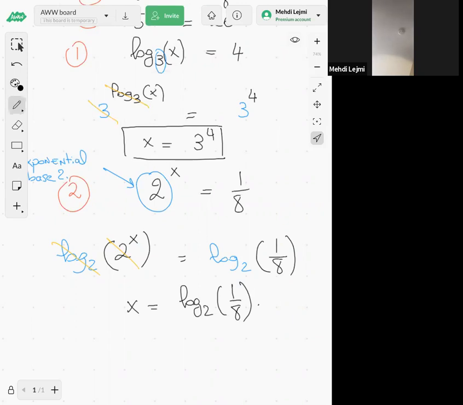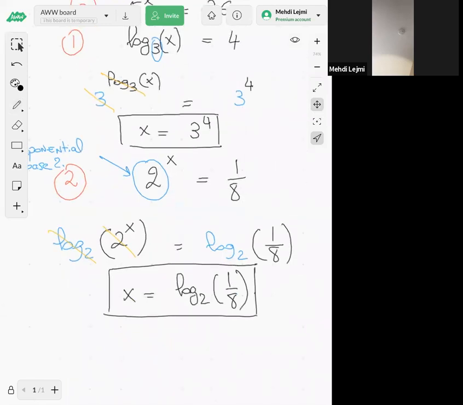And actually, we'll see later, we can do better than this. Next, I'm going to show you a couple of properties of the log. So then you can do better than this log in base 2 of 1/8. But let's say for the moment, that's the answer. Okay, that's our answer.